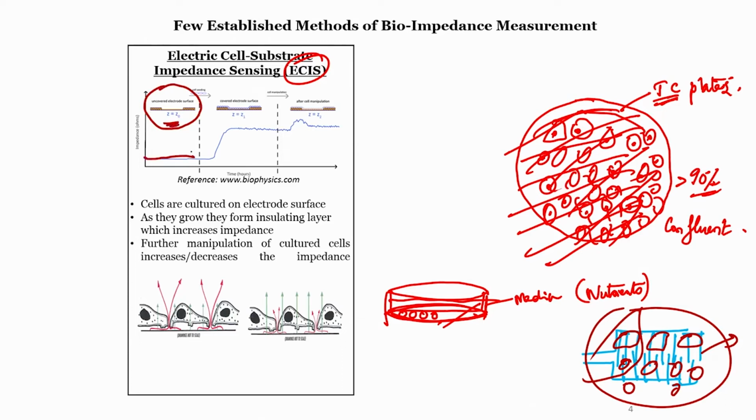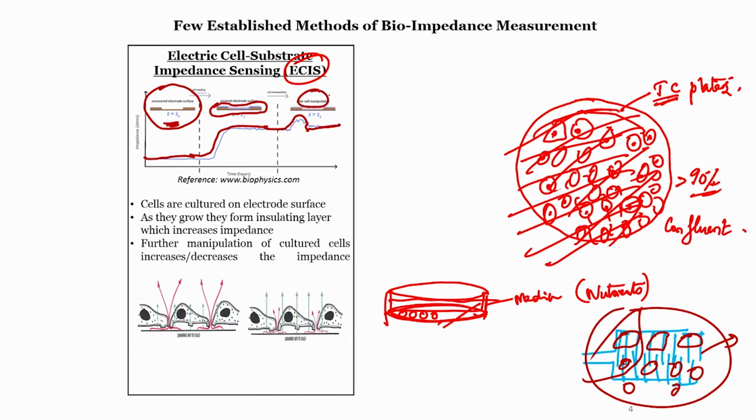Now the cells obtain confluence, they cover most of the area of the electrode, so the impedance increases. Now let us say I do some manipulation by adding something or removing some cells, there will be a small perturbation in the impedance and then it goes back to another steady state. That is the cell manipulation that we are talking about.